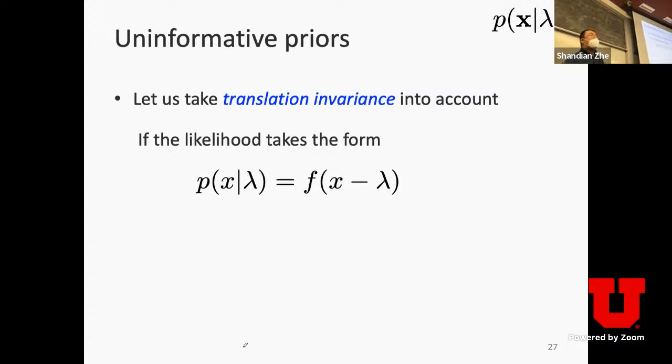That means, if this variable, say lambda, has some uninformative prior, and I do any kind of transformation over lambda, the transformed variable will also follow the same form of uninformative prior. Do we have such a prior distribution?